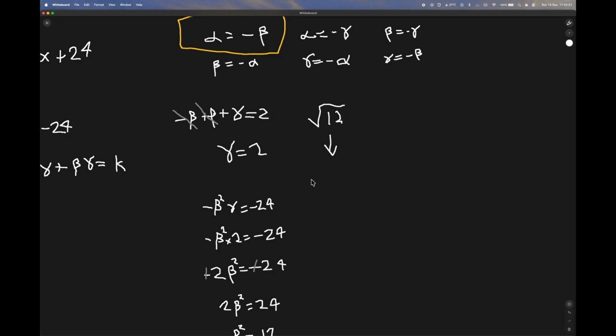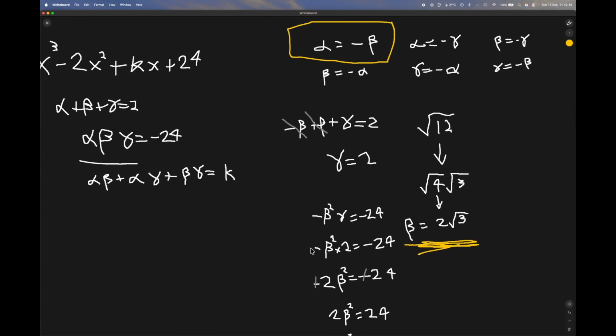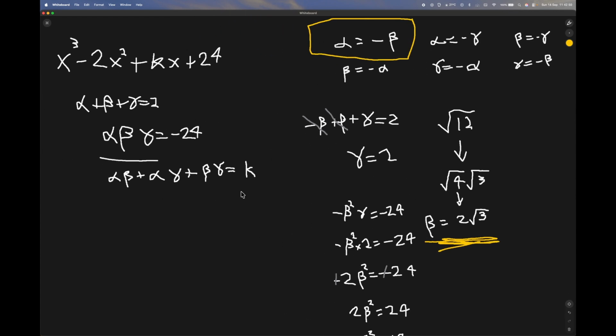It goes down into root 4 times root 3, and now root 4 can simplify to 2. It's going to be 2 root 3. So beta is equal to 2 root 3. Let's give that a little colourful underline so we can find that easily.